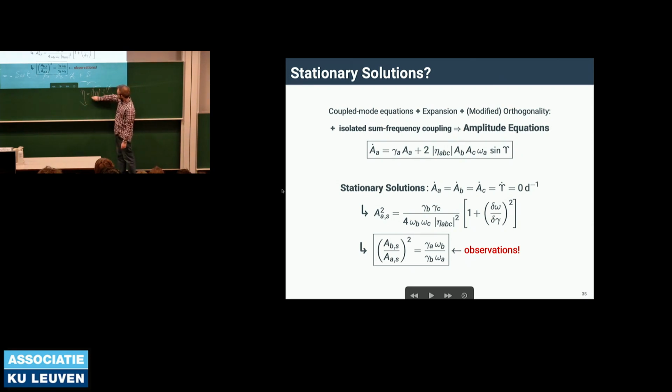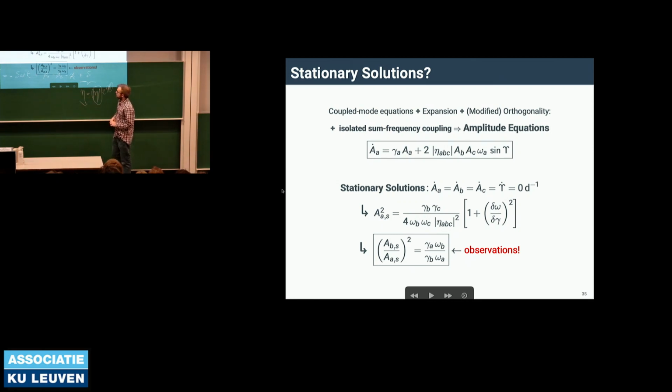The coupling coefficient that is used is basically the modulus of your complex mode coupling coefficient, and this should be delta, of course. This is basically the phase of your mode coupling coefficient.